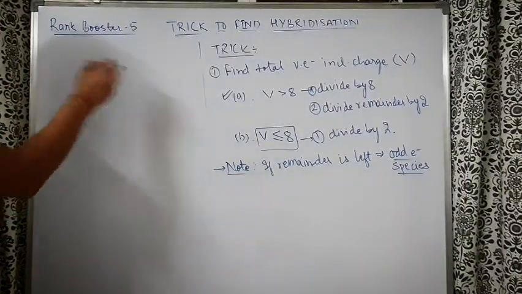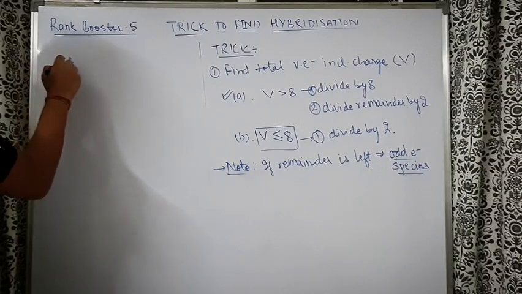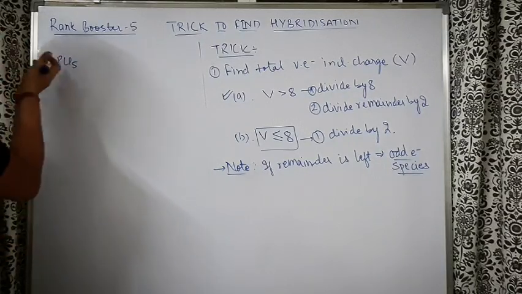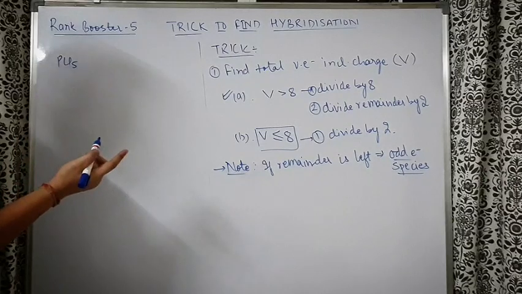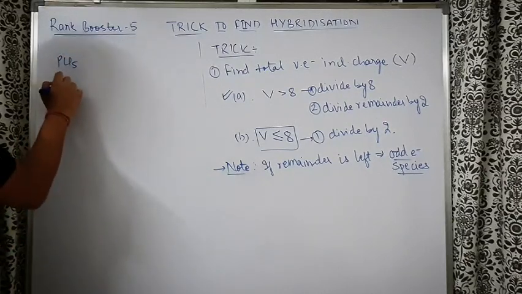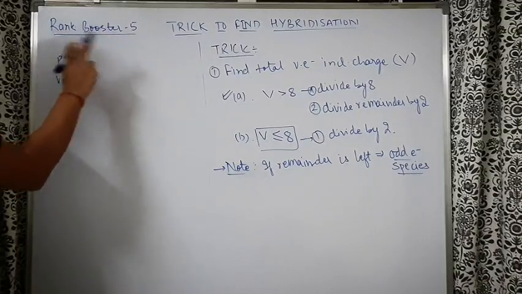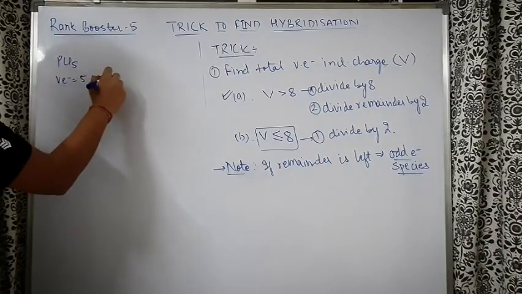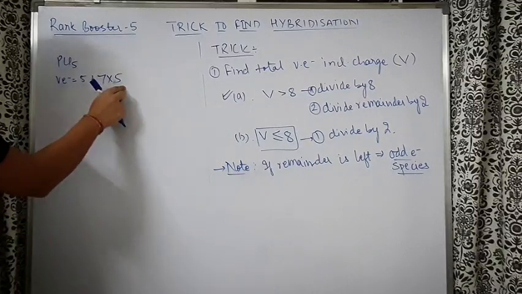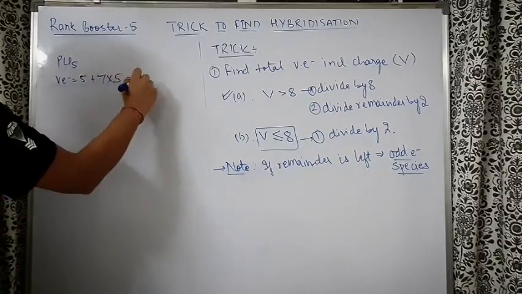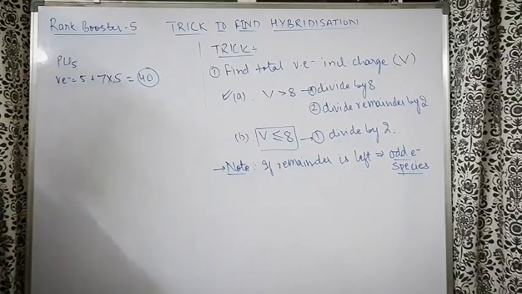So let's start with one example, PCl5. Very common. Phosphorus is from the nitrogen family, so its valence electrons are 5. Chlorine is from the halogen family, with 7 valence electrons, and there are 5 chlorines, so 7 into 5 is 35, and 35 plus 5 is 40. Understand how to solve, solving is very important.